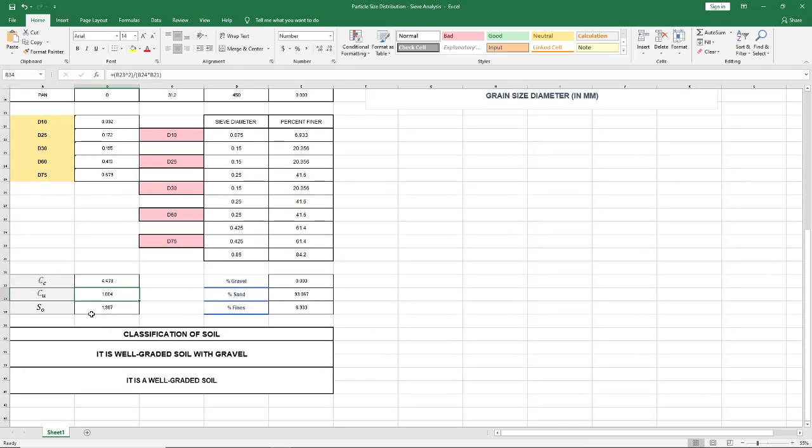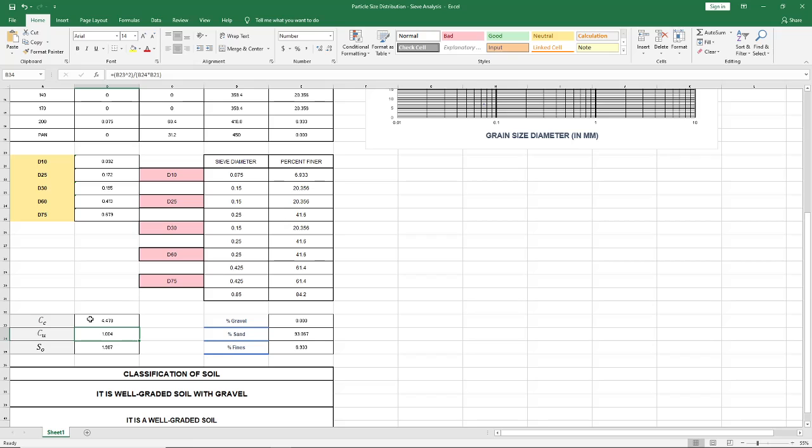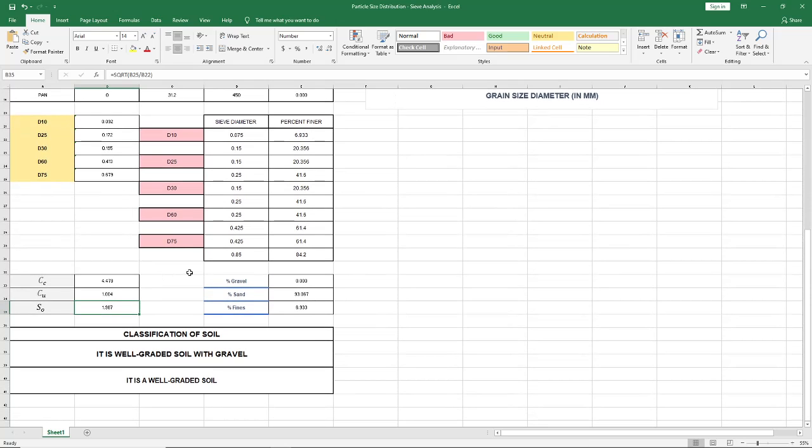Then for the SO, it is 1.987 times the square root of D75 over D25.